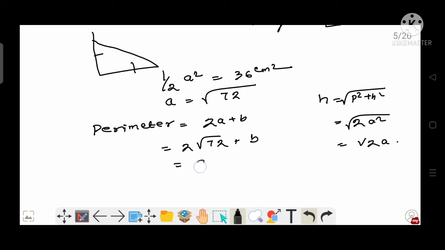So we can write 2 root 72 plus root 2 into root 72, isn't it?